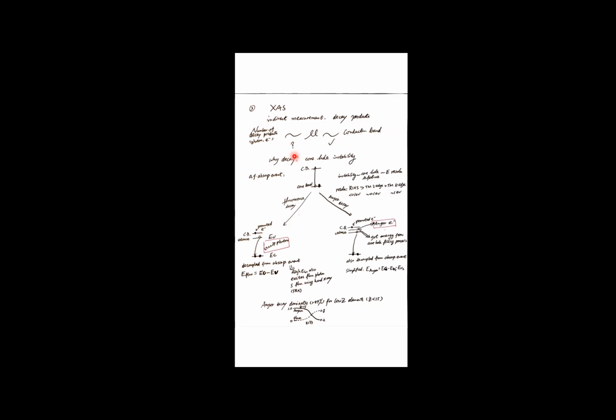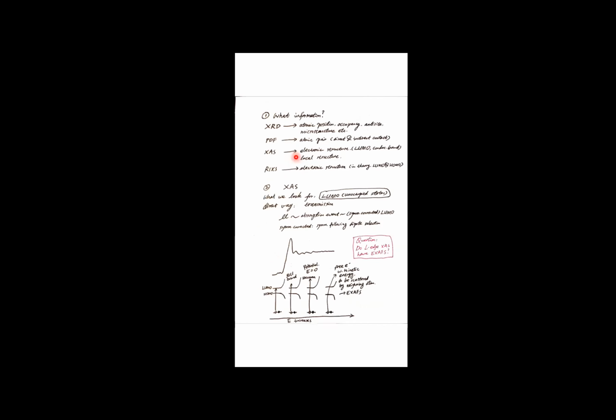But before that, we need to talk about decay, right? And we need to talk about why the decay process happens, and how that relates to what we measure. This decay process happens because during the absorption event, we generate a core hole. So in the previous picture, this is the first order event.